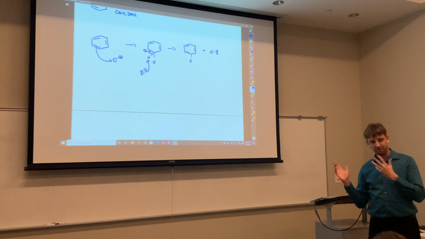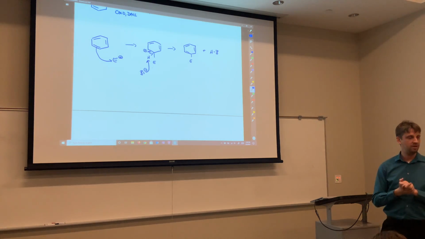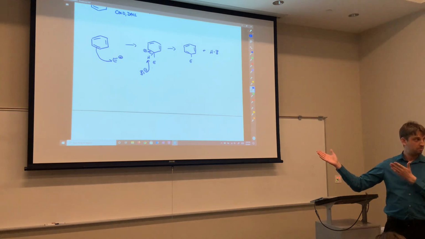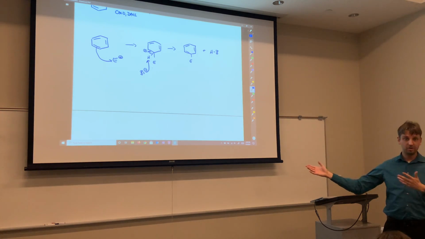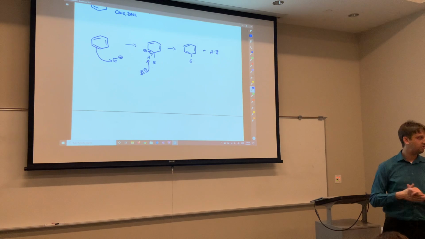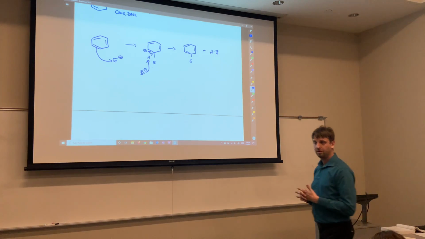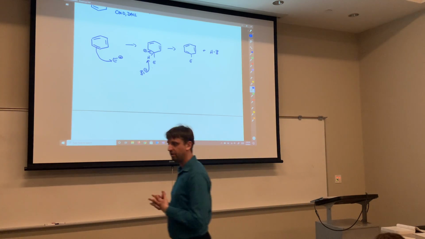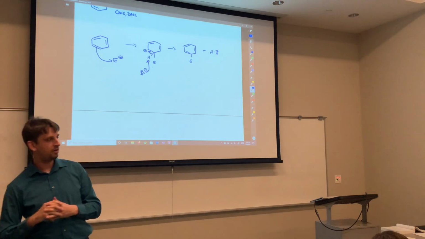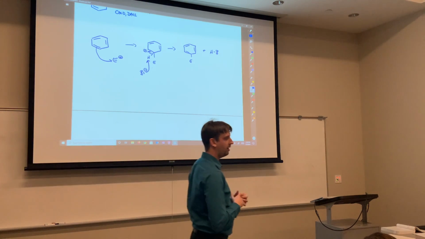So this is just electrophilic substitution, right? We're adding an electrophile. What's an electrophile? Something with a positive charge, right? It wants some electrons, right? Got it? That's all this is. Electrophilic aromatic substitution, EAS. Okay?